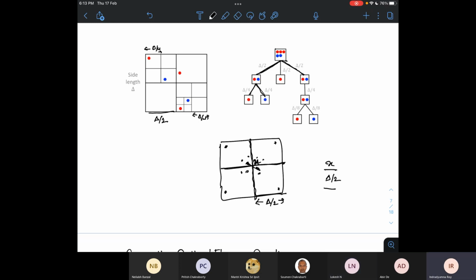That's a good question. So what would happen if you split your grid like this? This naturally puts a bunch of these points on separate quadrants. So what you would expect is to form the grid like this.